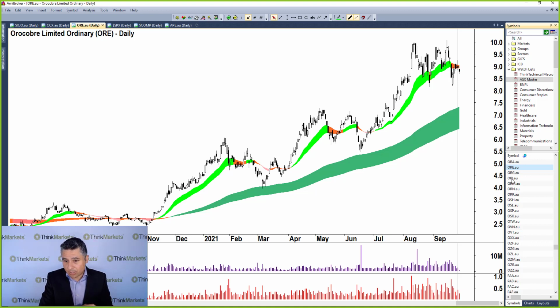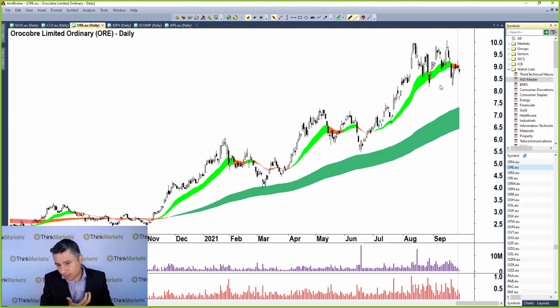Orecobre, I think, is in the same boat as IGO, and again, as much as I love this stock, you can't love stocks, everyone. Don't fall in love with your stocks. The chart is the reality, and we can see how we've broken through the light green zone, which should act as support, and it was, but unfortunately now with this upper shadow here, disappointing, acting as resistance.